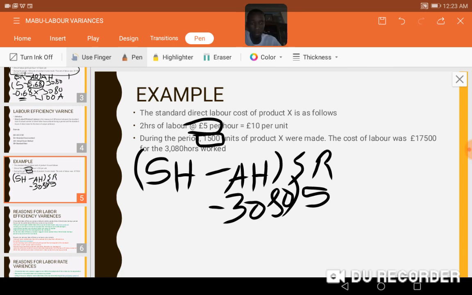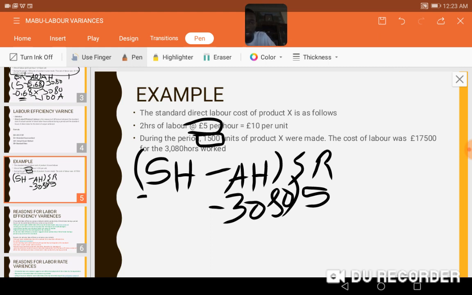Therefore, our standard hours are going to be 2 hours multiplied by 1500 units, which is 3000. I know it's 3000, but as accountants, we never assume. We punch the calculator, even if we know 1 plus 1 equals 2.